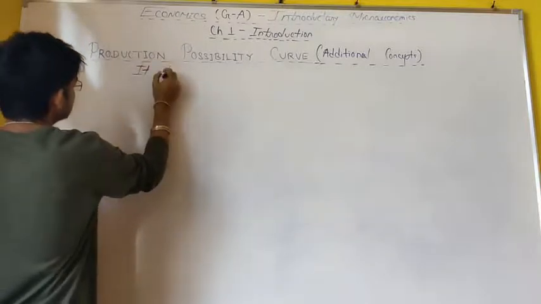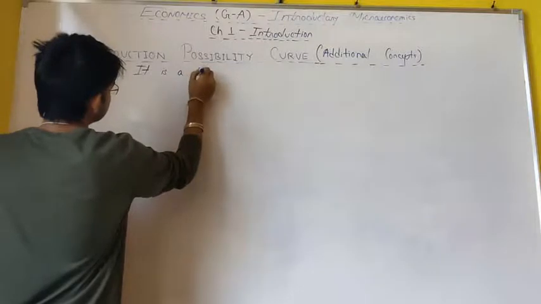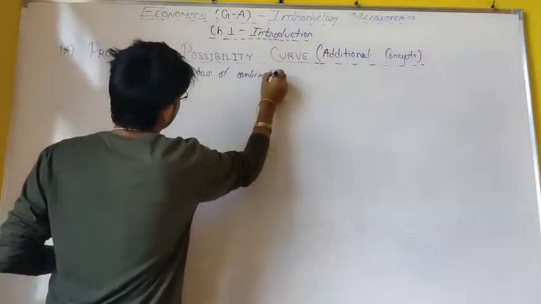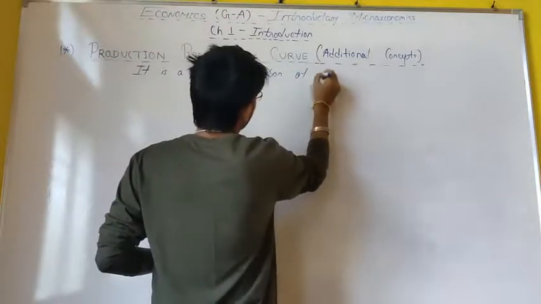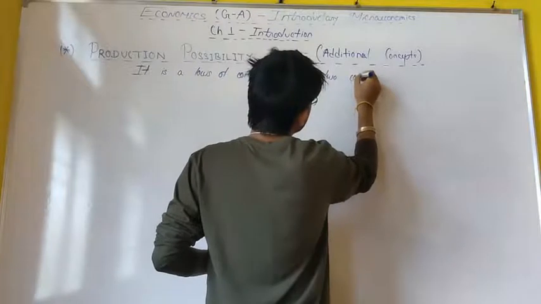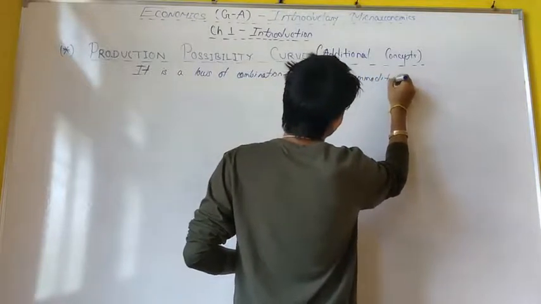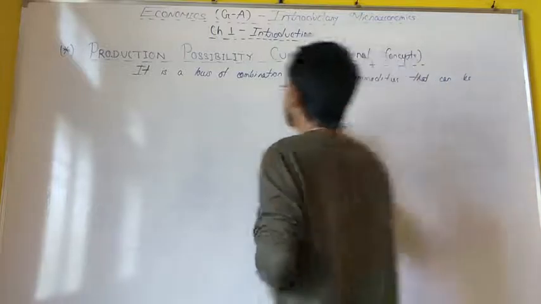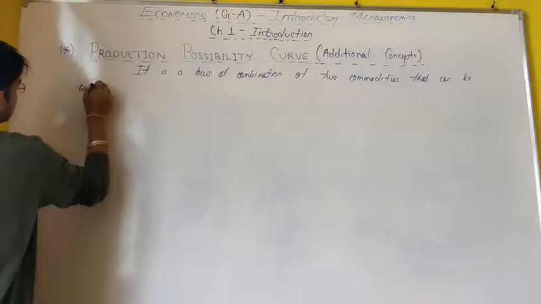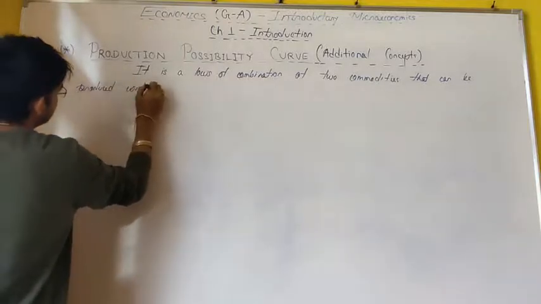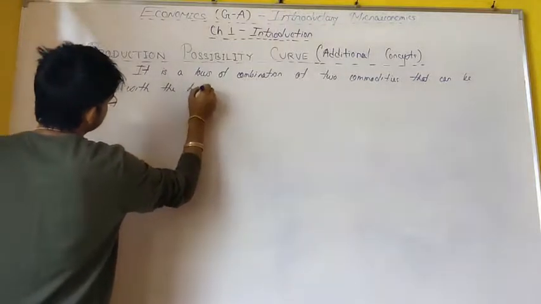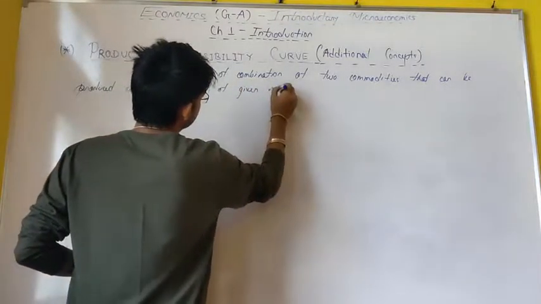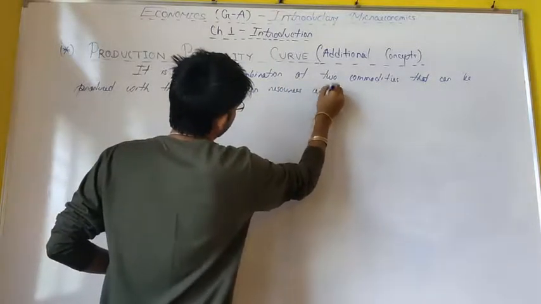It is a locus of combination of two commodities that can be produced with the help of given resources and technology.